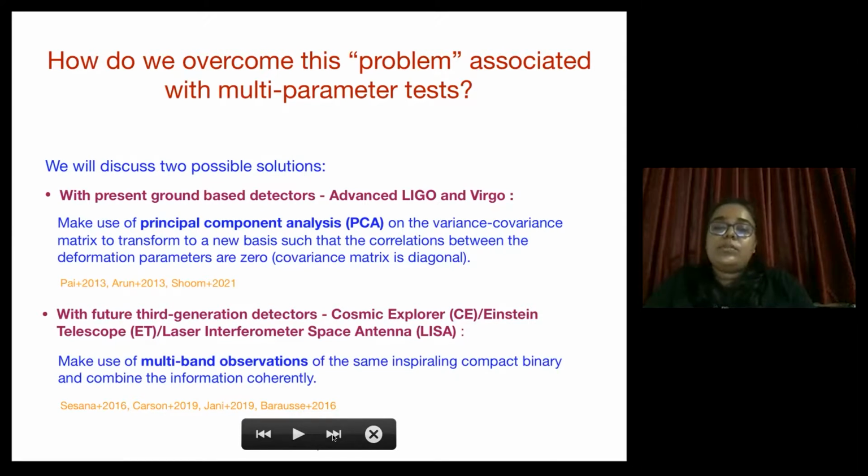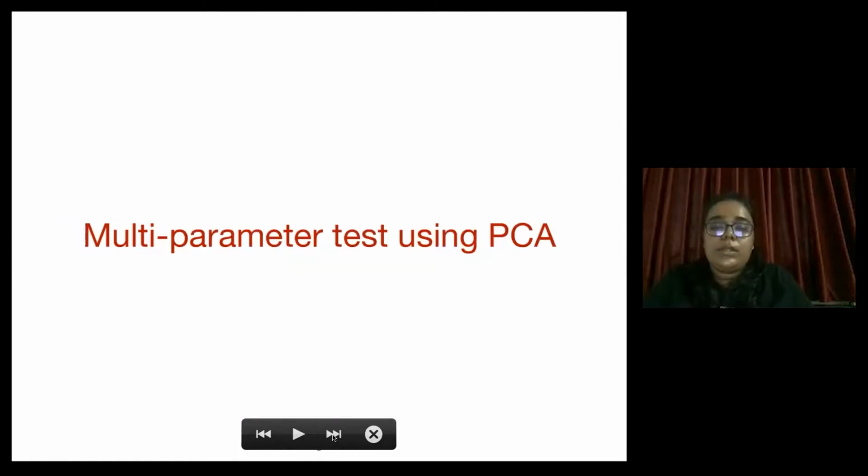The second approach would be to use future third generation gravitational wave detectors like Cosmic Explorer, Einstein Telescope, and LISA, and make use of their better sensitivities as well as information from both space-based and ground-based detectors, and combine them coherently. We will see later that it actually helps to lift these degeneracies and actually perform the test.